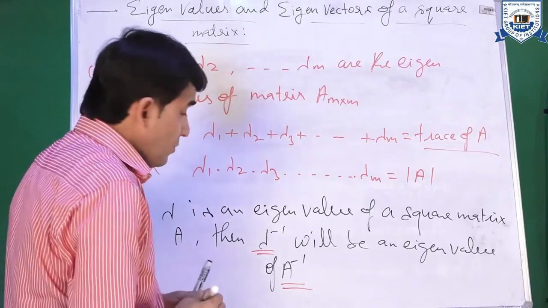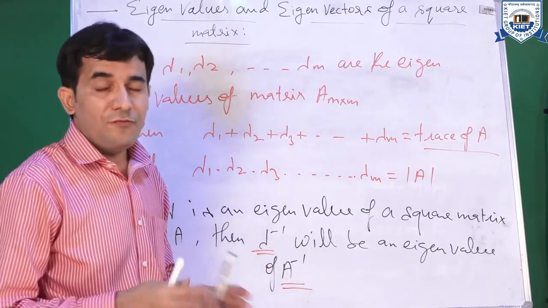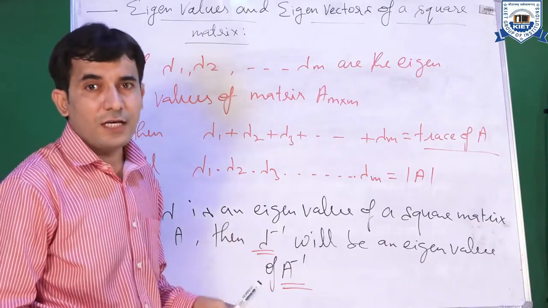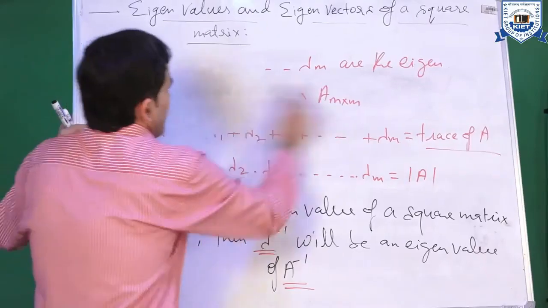Okay, now we will discuss the procedure of finding the eigenvalues of a square matrix. For this, I am taking an example.